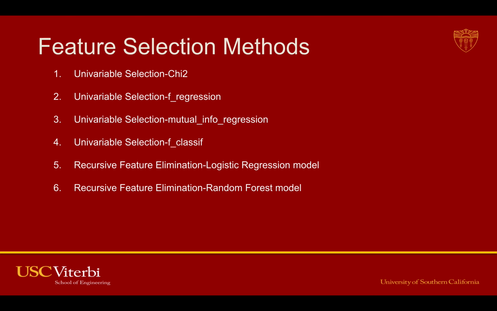We are working on the feature selections, and there are 6 feature selection methods. The first 4 are univariable selection with different models, and the other 2 are RFE, recursive feature elimination, with 2 different models.